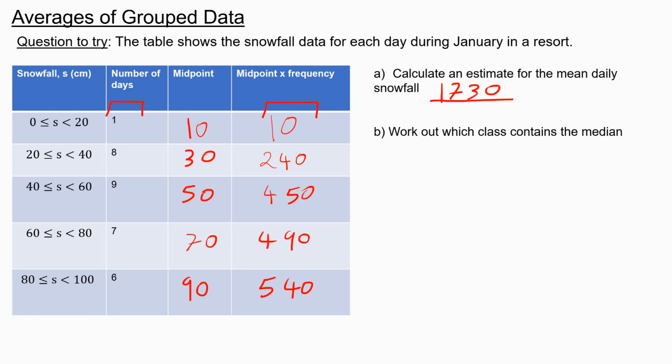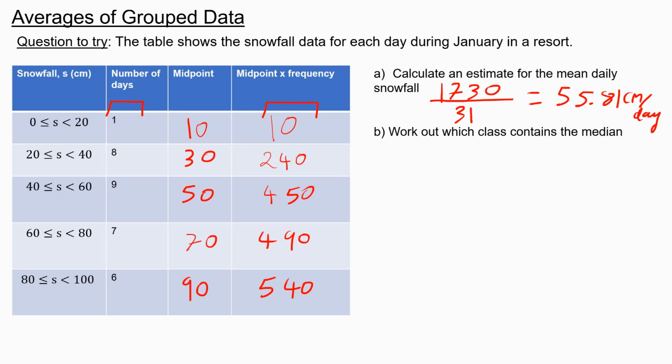And if I add up 1, 8, 9, 7, 6, I get 31, obviously, because it's January, so 31 days. 1,730 divided by 31 gives me an answer of 55.81 centimeters per day. That is to 2 decimal places. So we don't round it to the nearest whole number, but you give it to about 2 decimal places there.